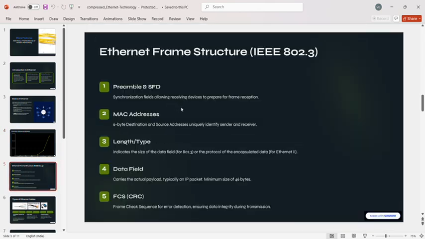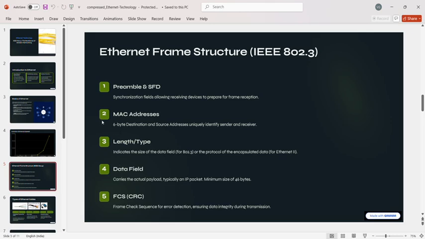Then, Ethernet frame structure. I already said that Ethernet sends data in the form of frames, and each frame consists of 5 structures: Preamble and SFD, MAC addresses, length/type, data field, and FCS. The preamble does the function of synchronization.